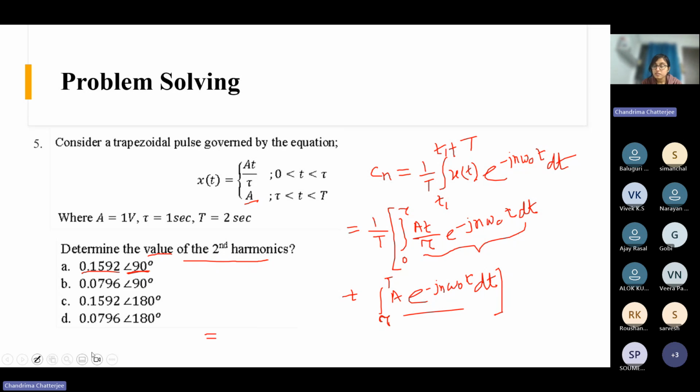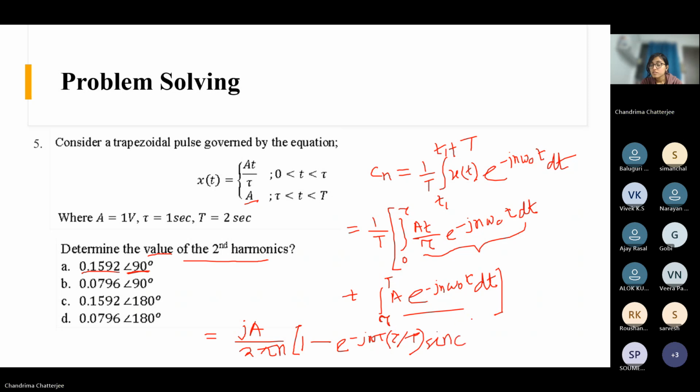I will write the final expression. Okay, so that is jA by 2 pi n, then 1 minus e to the power minus j n pi tau by T, times sinc(n omega naught tau by 2).